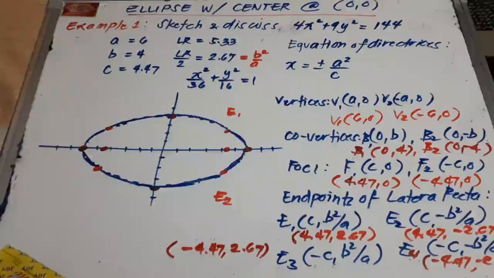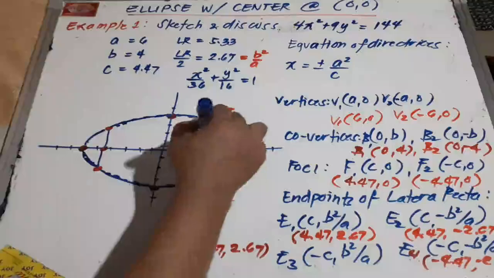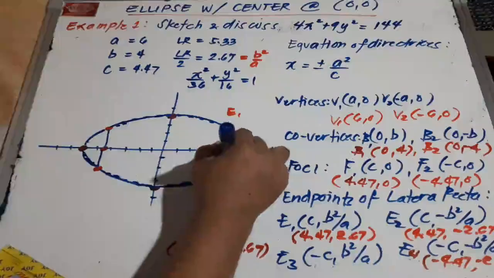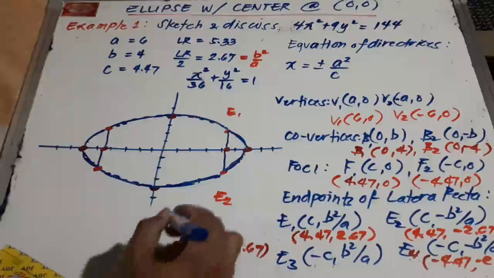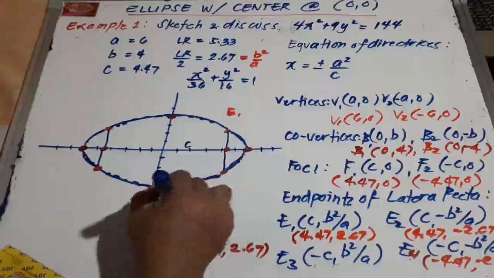Okay. So, ito yung lateral recta natin. Dalawa. Okay. So, ang haba nito, C, from focus, tapos from here, A siya.